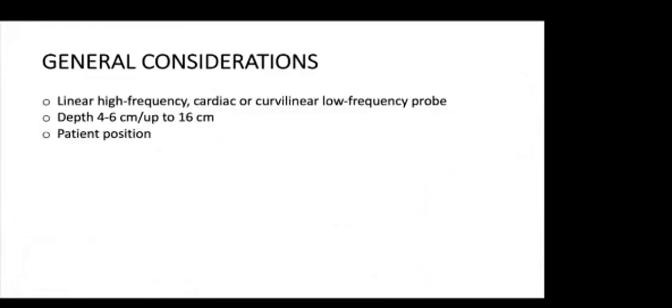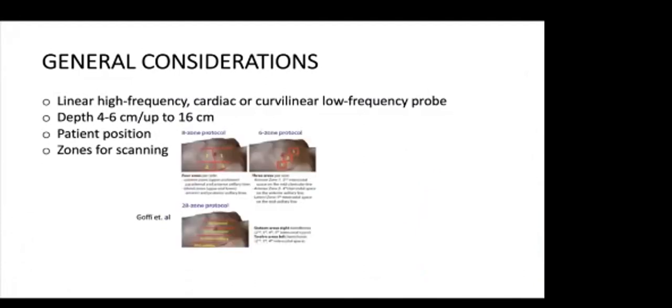First, we must provide some general considerations about basic principles of lung ultrasound. Any type of probe can be used for lung ultrasound, with depth varying from 4 to 6 centimeters with the linear one and up to 16 centimeters with the curvilinear one. The patient can be either supine or in the semi-sitting position.